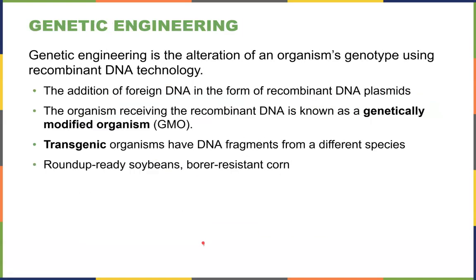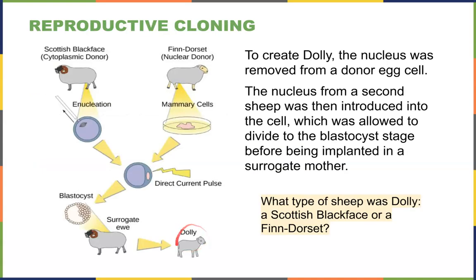So Dolly the sheep was created in this way by reproductive cloning. The egg donor was the Scottish Blackface sheep, so you can see it's a different type of sheep than Dolly was. But the egg cell was taken from this sheep. They removed the nucleus, so it's just a blank egg with no nucleus in it. The mammary cells are the cells they used to get the diploid nucleus out of.